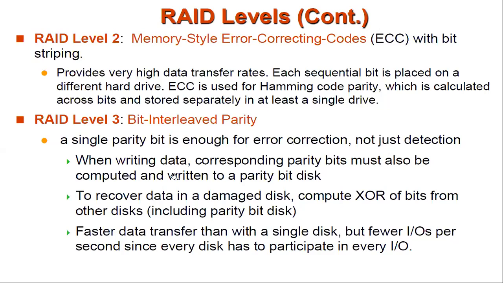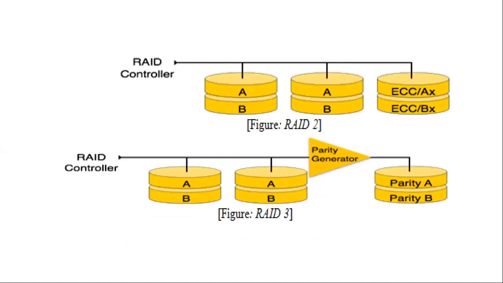Okay, so when writing the data, corresponding parity bits must also be computed and written to a parity disk. That means when you are calculating the bit values, all the parity-related data must also be saved in the parity disk. Okay, there is a separate disk assigned to store the parity-related details.